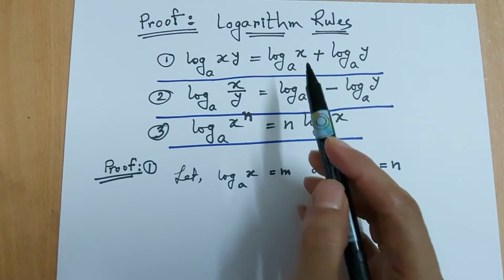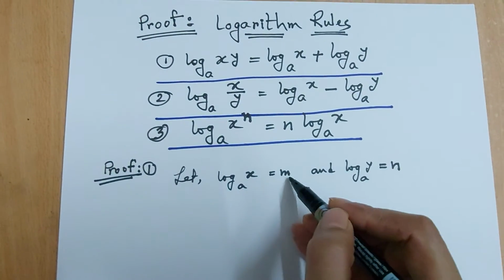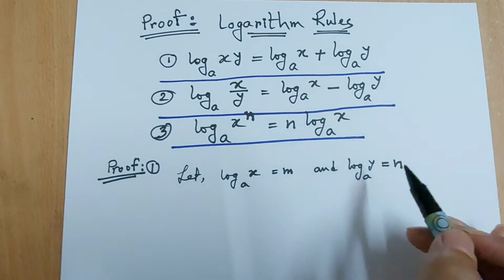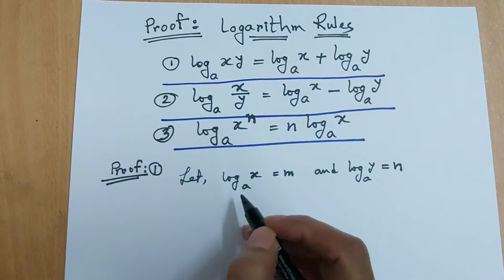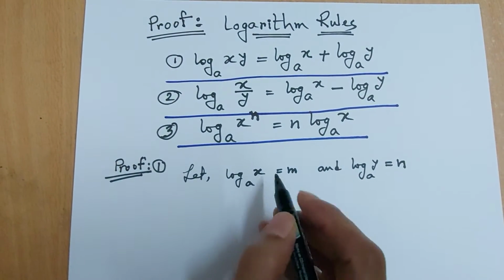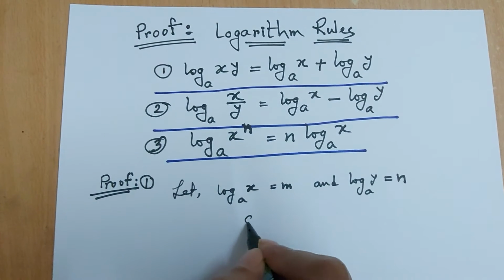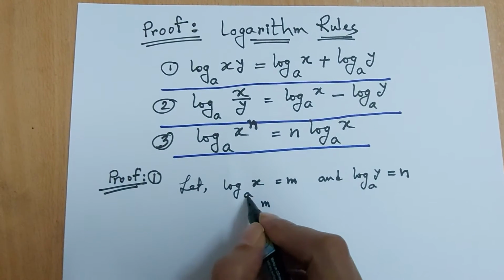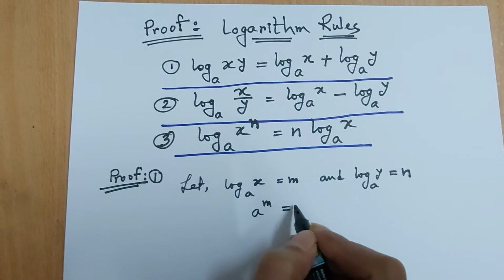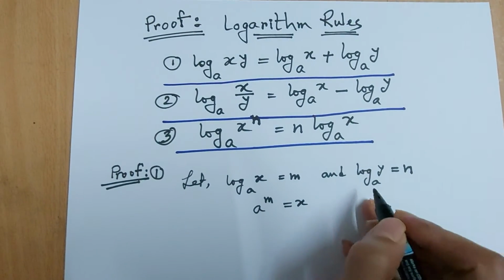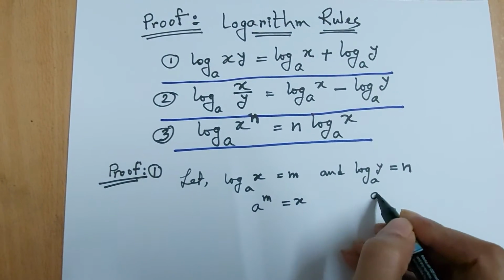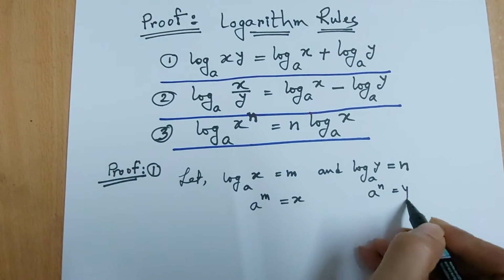I am taking log x to the base a equal to m and log y to the base a equal to n. Now in exponential form we can write a power m equal to x, and in this case a power n equal to y.